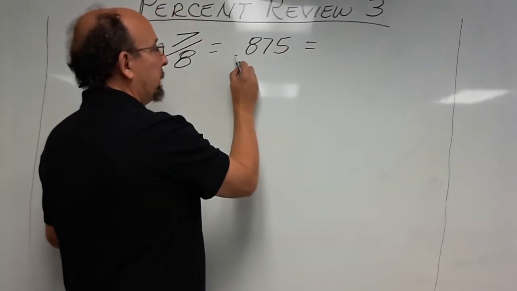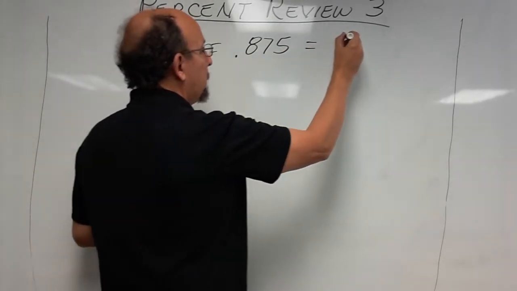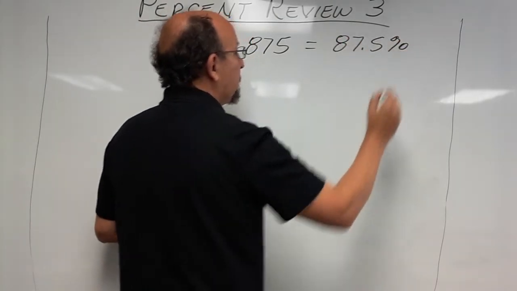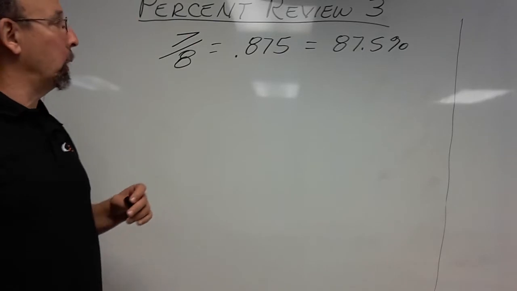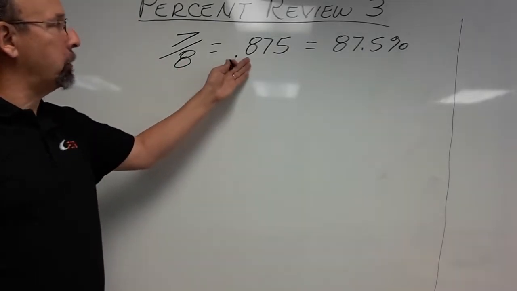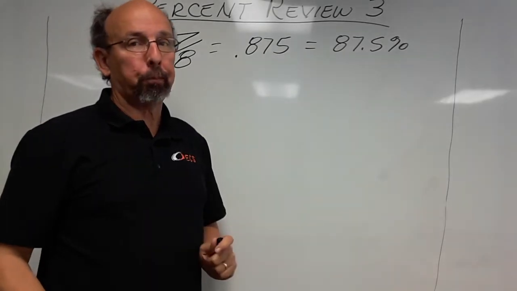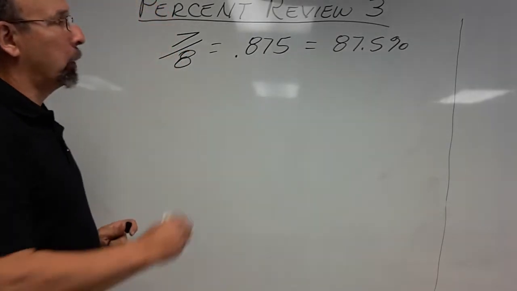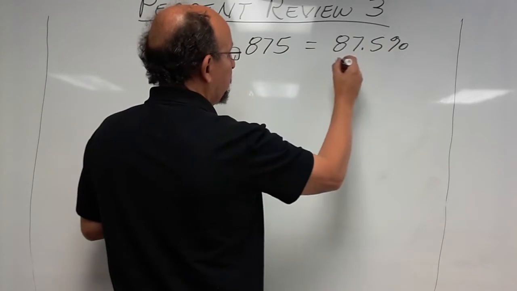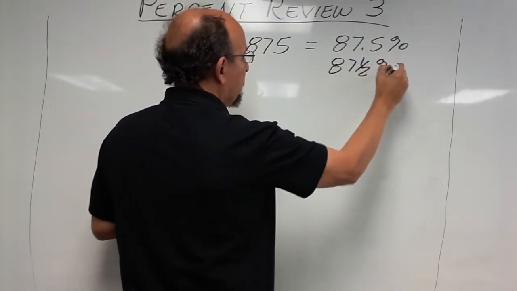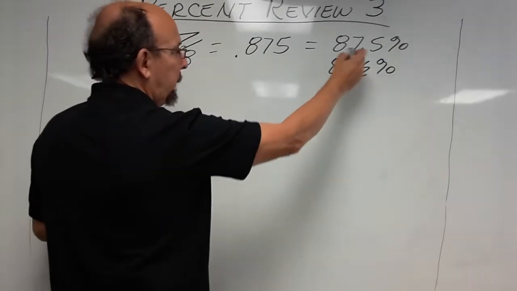So you can go from a fraction to a decimal to a percent. I got a decimal, I'm going to move it 2 places to the right, 87.5%. That's how it works. 7/8, 0.875, 87.5%. All right. You can also say that could also be written as 87.5%. Say, well, how did you do that?